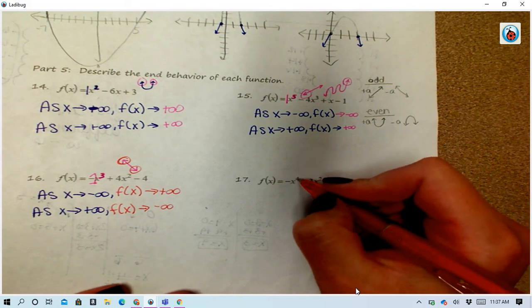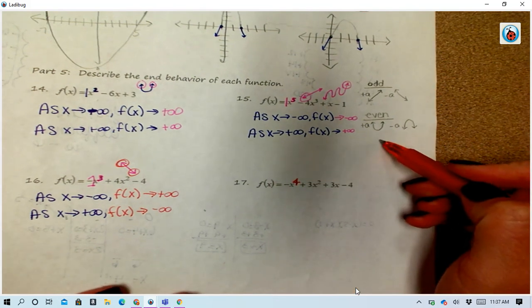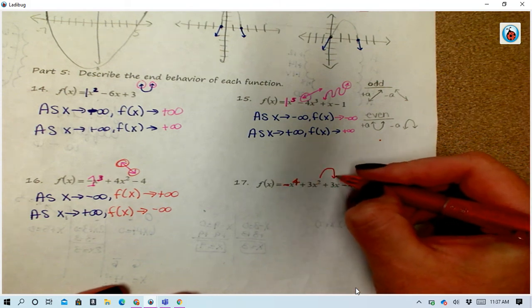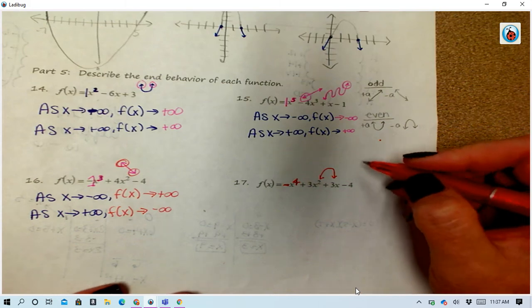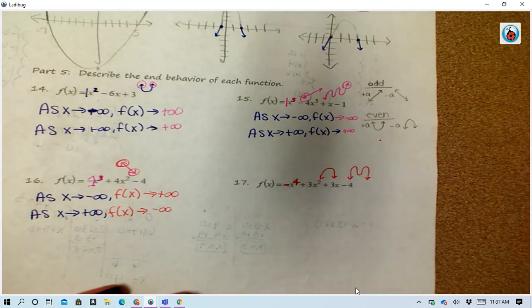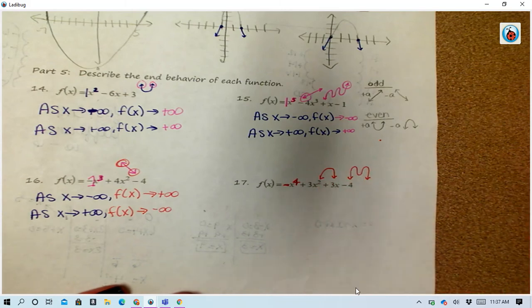It's an even power of 4, which means it's going to look like a quadratic. This is a negative number out front, so it's going to be shaped down like a frown. It would look something like this, 1, 2, 3, 4, if you actually graphed it. If you don't really care, all you need to know is which way the tails are going to point.